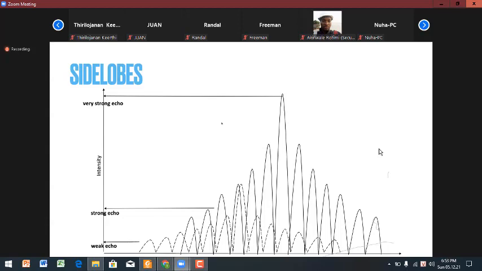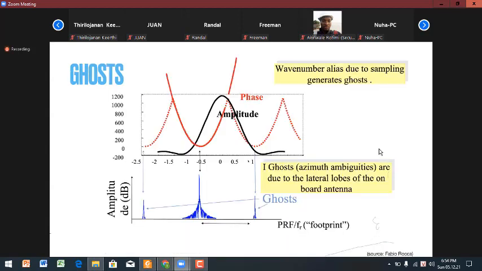I will show you some examples of those later. They can be very disturbing. We do not like them because they are not something that we are interested in. We're interested in the strong signal, but the lobes on the side are at a different position and something we do not really want. And they can be very prominent in a SAR image.